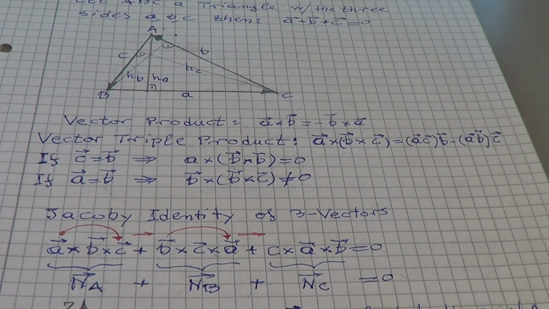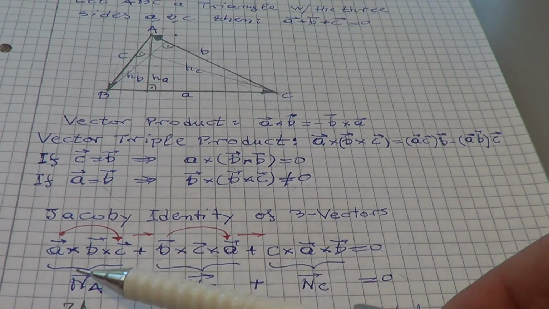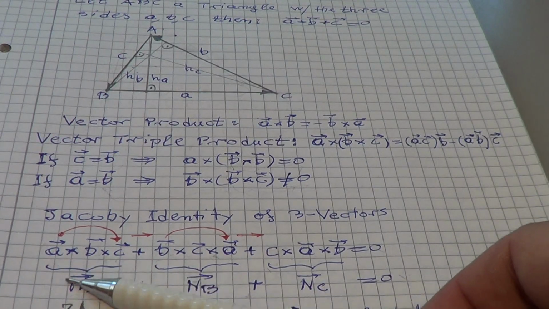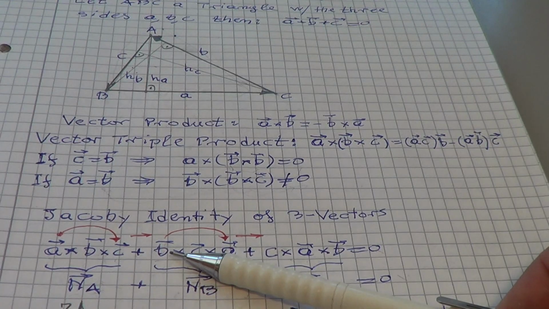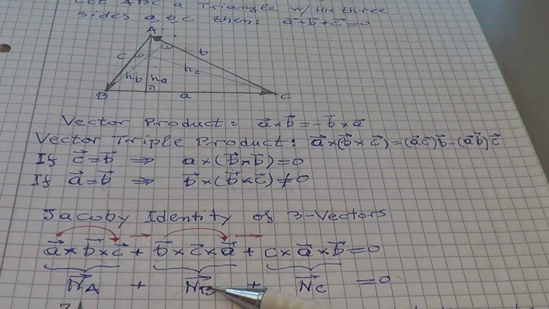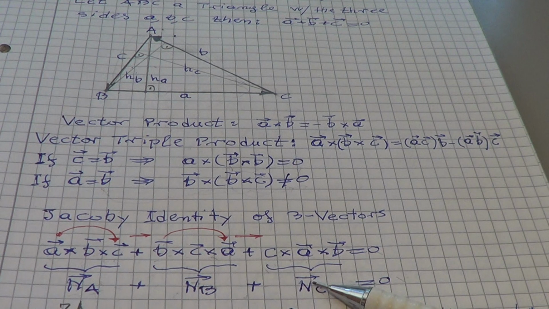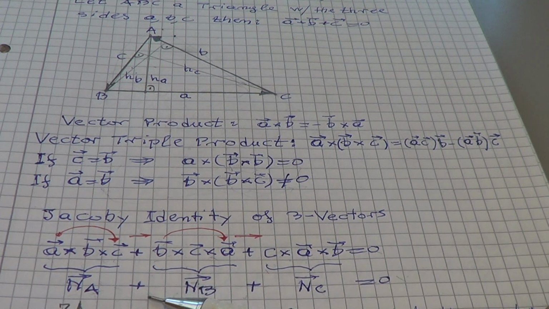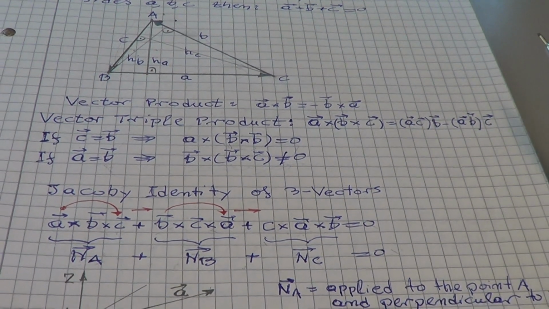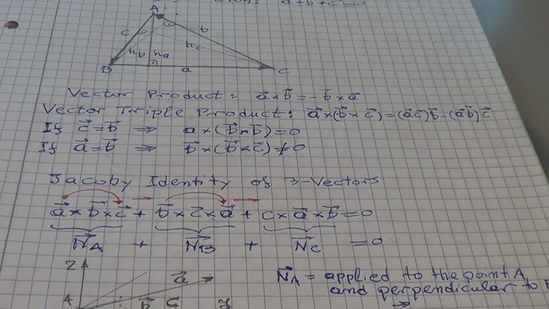And if we denote the first item as N sub A, the second as N sub B, and the third as N sub C, then their sum N_A plus N_B plus N_C is equal to 0, because it is the same Jacobi identity with another notation.